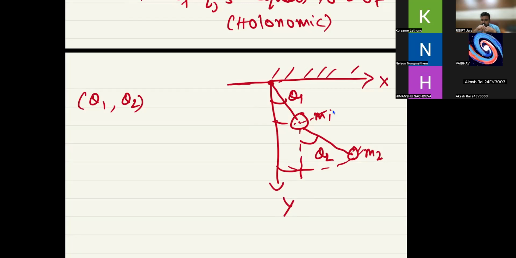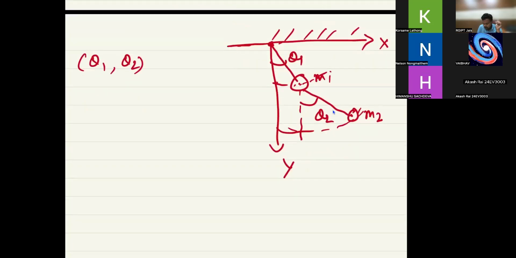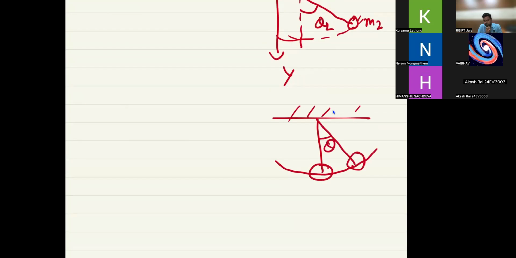If you have a simple pendulum, let's forget this one, what will be the allowed values of theta? If this is theta, how far can you swing this pendulum? Less than 90, or 90, or more than 90?